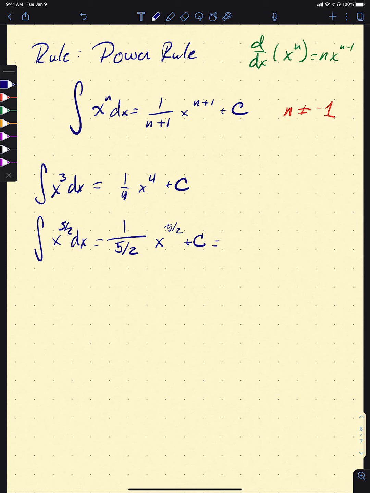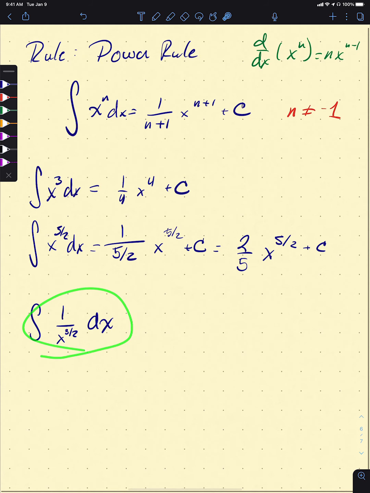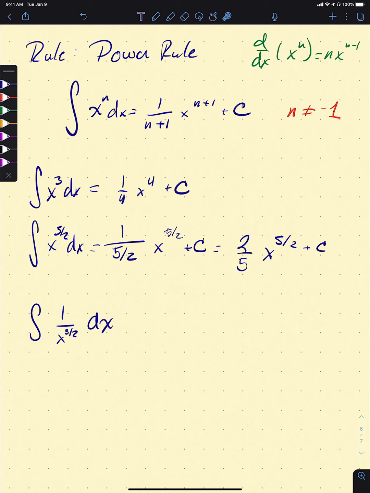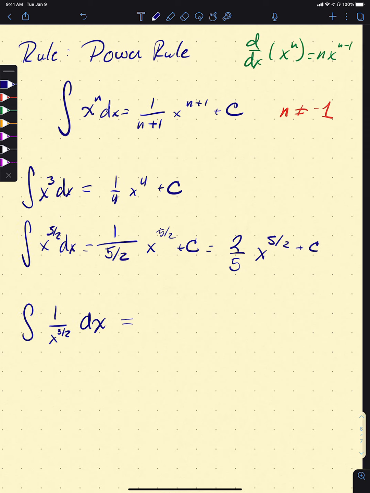Or we can simplify that one step, 2/5 x to the 5 halves, plus c, right? And then I'll let you pause and work through this one, the antiderivative of 1 over x to the 3 halves. Work that through, and don't forget your plus c, okay?